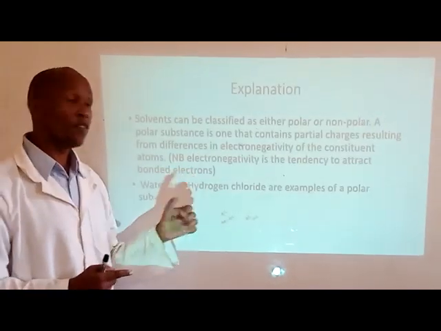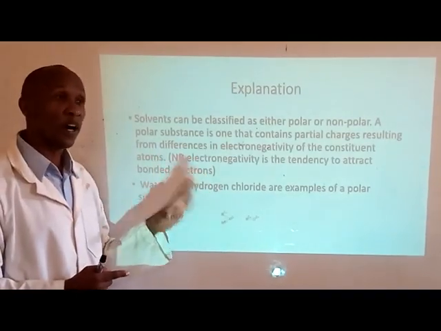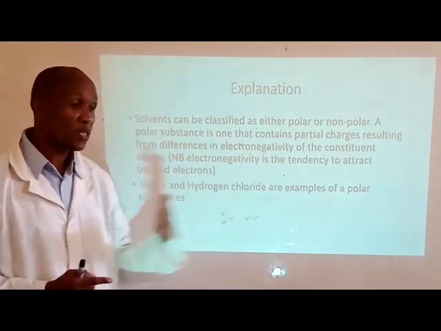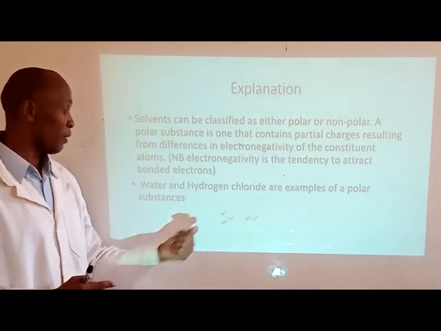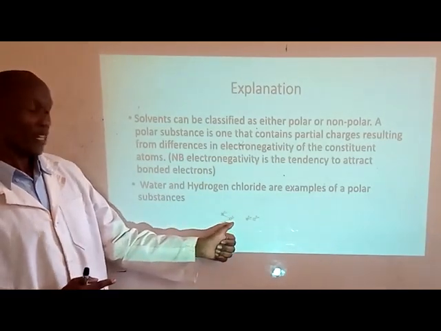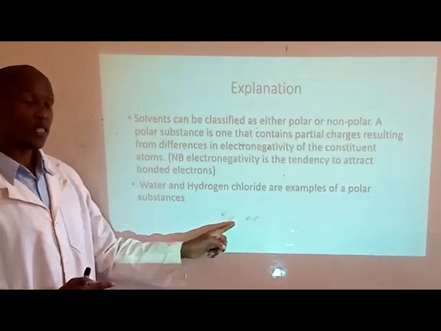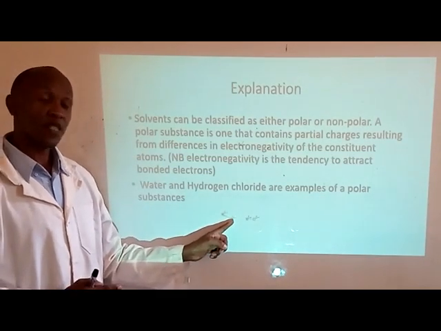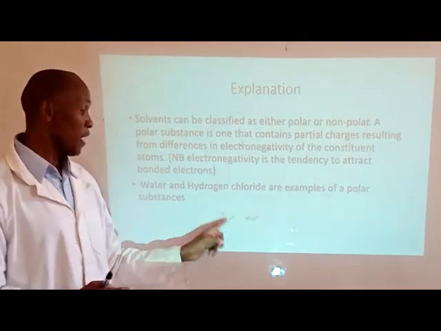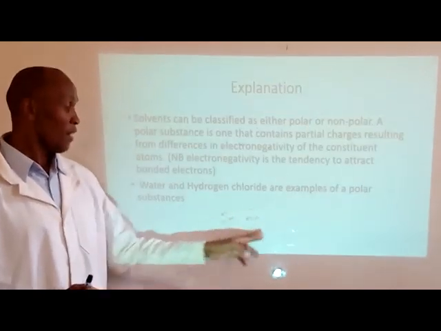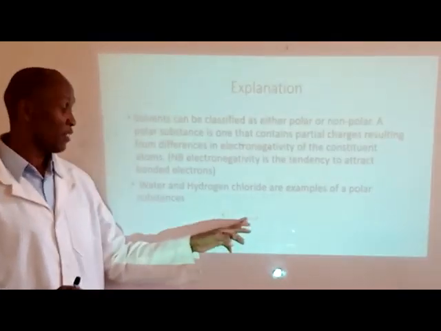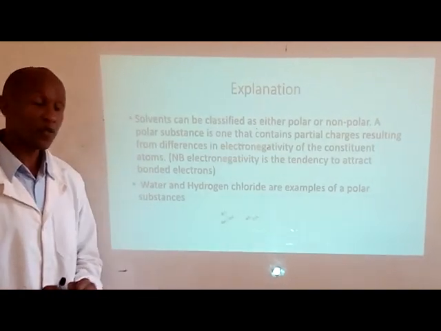So electronegativity has nothing to do with transfer. It has all to do with just pulling bonded electrons. So oxygen has a greater tendency to pull bonded electrons towards itself than hydrogen. So the electrons spend more time on the oxygen, making it partially negative. Similarly, chlorine has a greater electronegativity than hydrogen. It will pull the electrons towards itself.